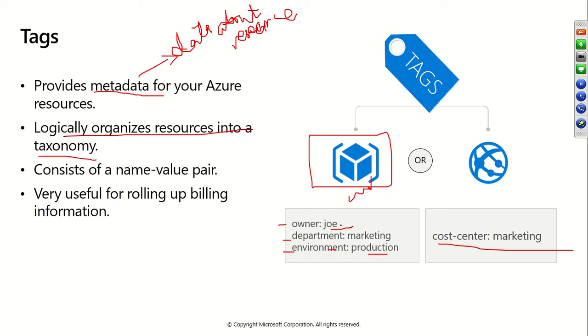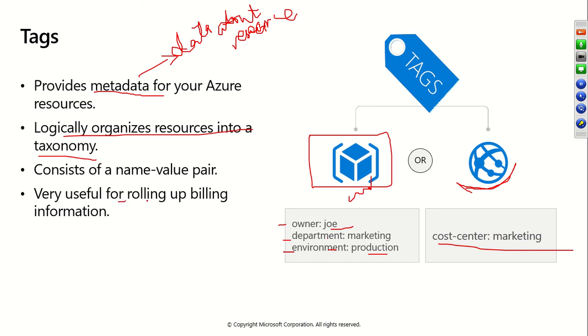And we can say the person that manages this web app is Joe. It is used by marketing. You can come here and say this particular web app is being used by the marketing department. With this tag, it will help you to find useful information about the pricing.